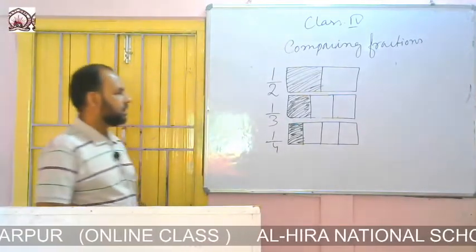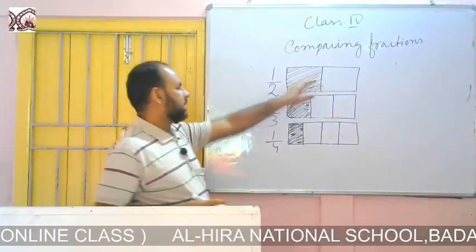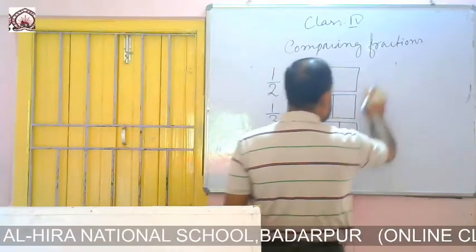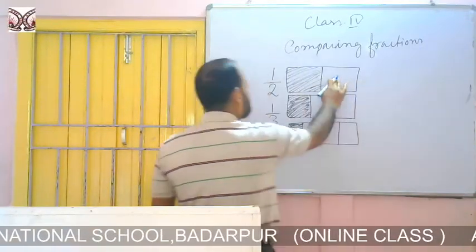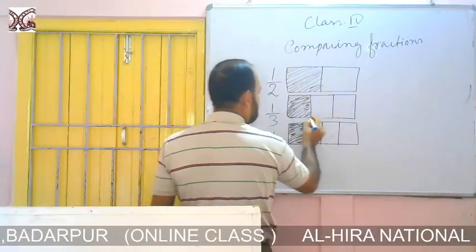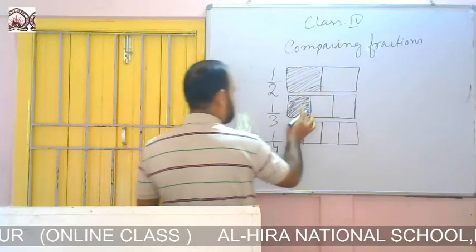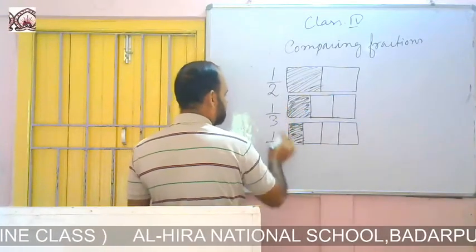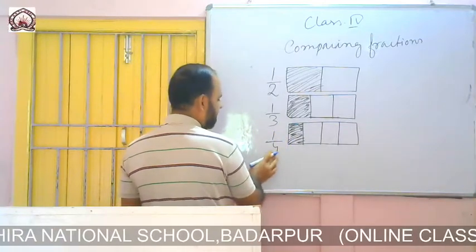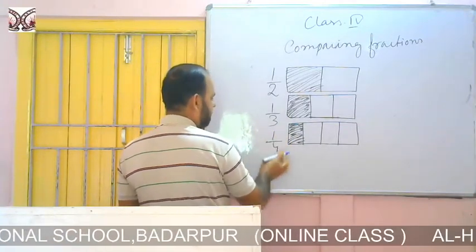So here, see, all rectangles are same. Here we get half, 1 by 2. Here 3 parts, 1 part is colored, then 1 by 3. Here 4 parts, 1 part is colored, that means 1 by 4.